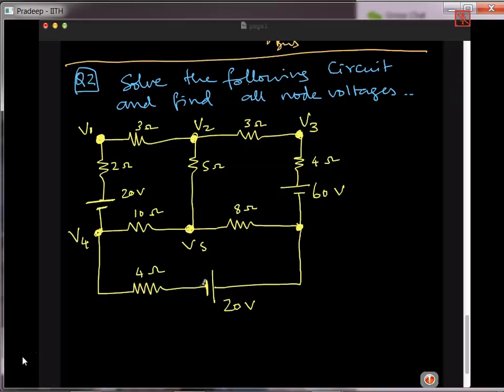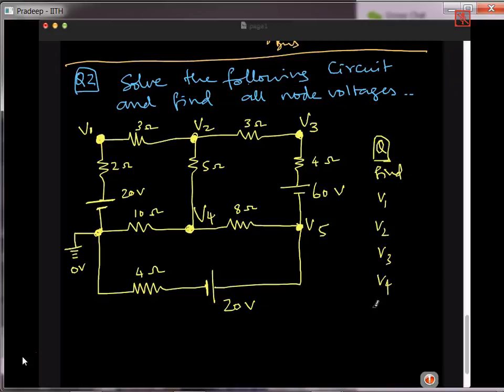In fact, we should identify the ground voltage, so 0 volts. So the question is, find V1, V2, V3, V4, V5.